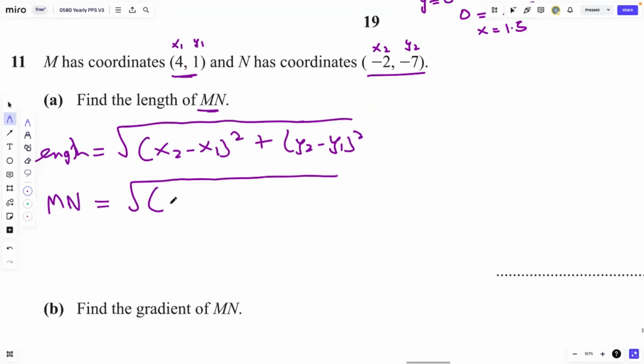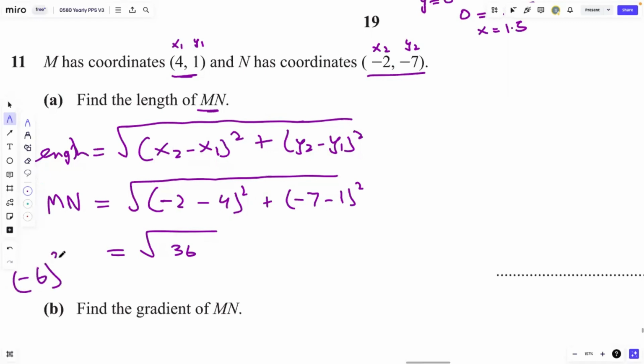basically the formula is derived from the Pythagoras theorem itself. When we put all the points on the grid, we'll understand that. So x2 is -2 minus x1 which is 4, whole square, plus y2 which is -7 minus 1, whole square. That's 36. It is negative, but it's very important that you square it in the bracket. So it's actually 6 square, that's going to be 36.